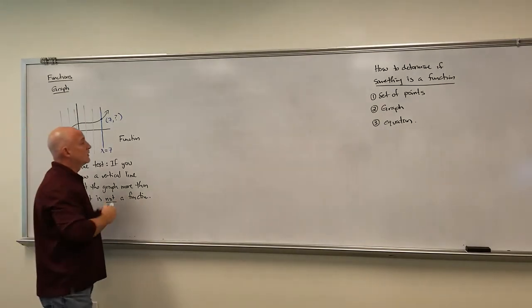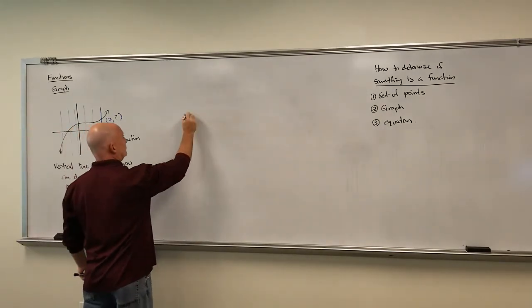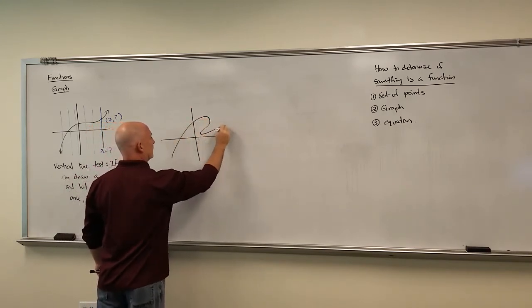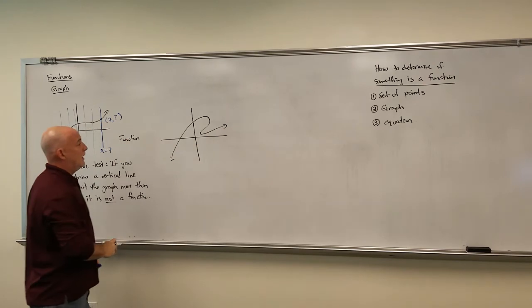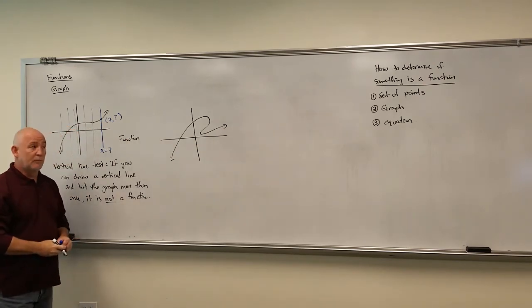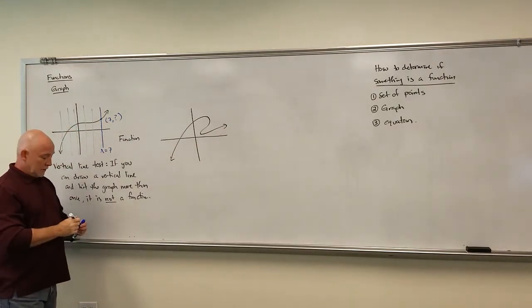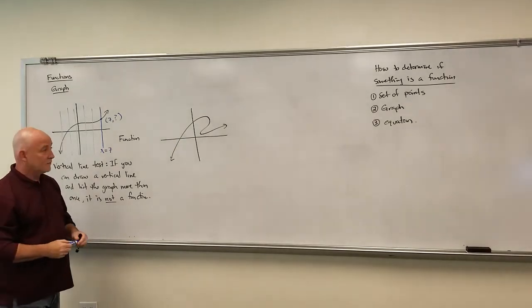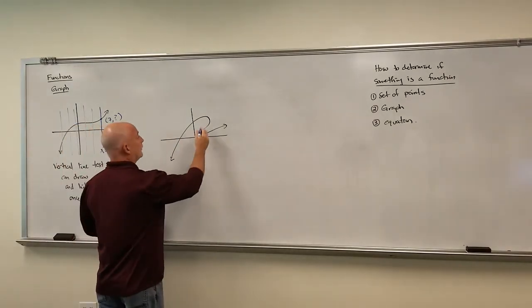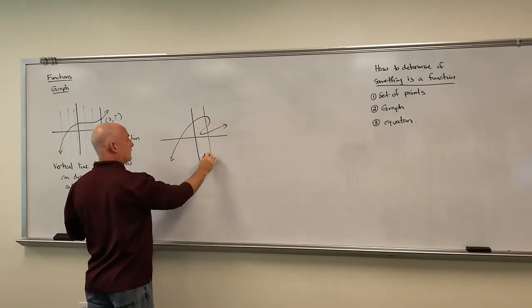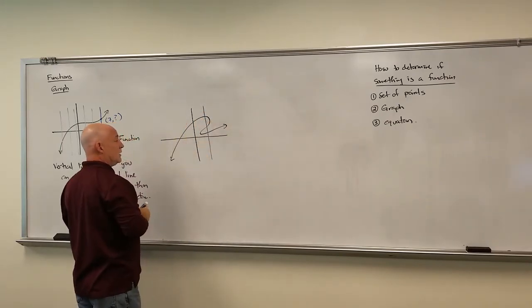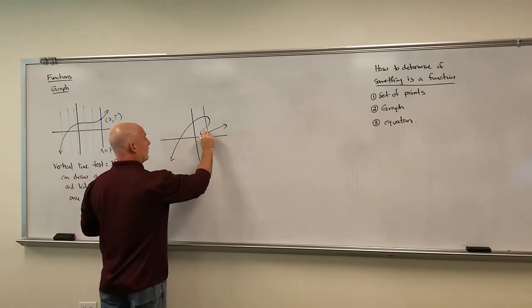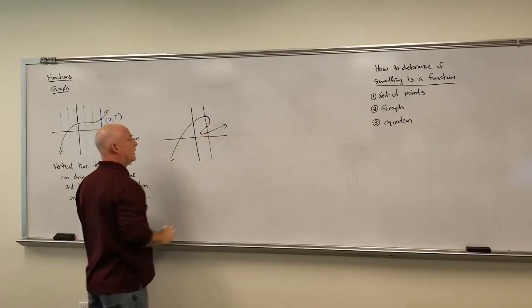So if we were to take a look at another picture, you'll see how easy this is. Let's say the picture looks something like this, and I ask you, does this picture represent a function? Well, again, all you try to do is imagine, can you draw a vertical line and hit this thing more than once? Hopefully it's obvious that somewhere over here, act like that's a vertical line, you can actually hit this graph in 3 different places. 1, 2, and 3.